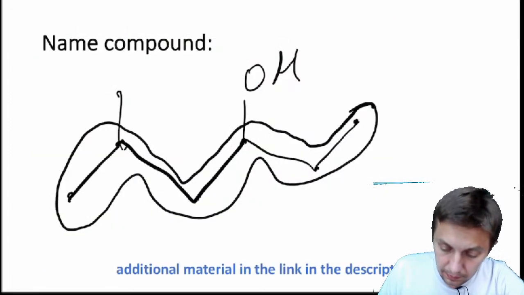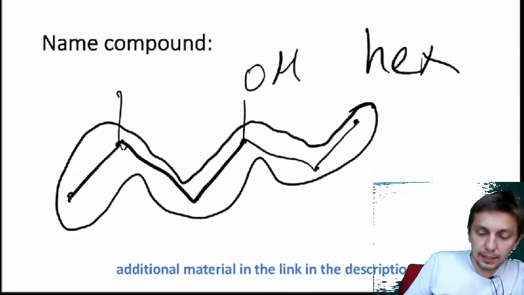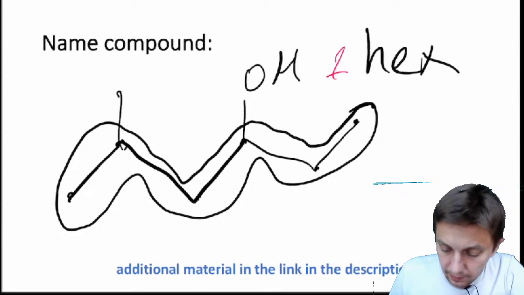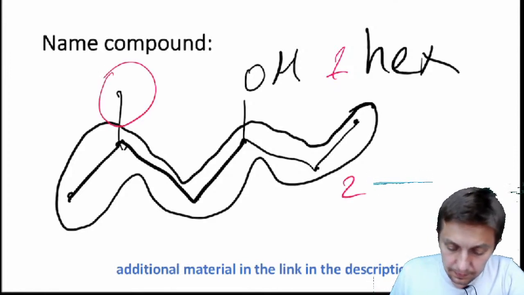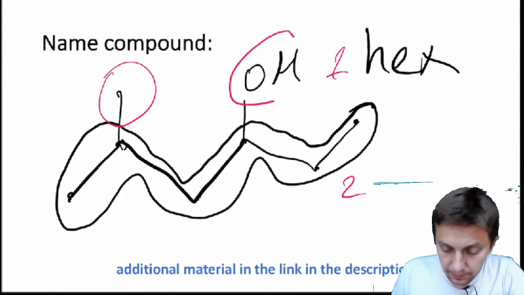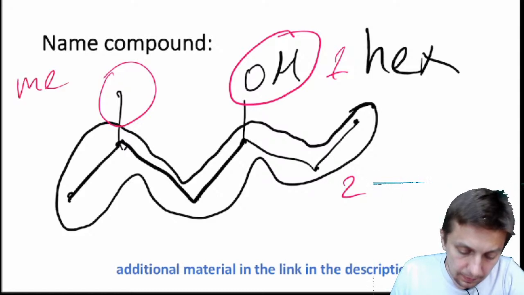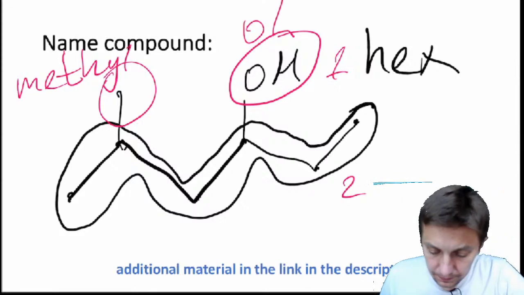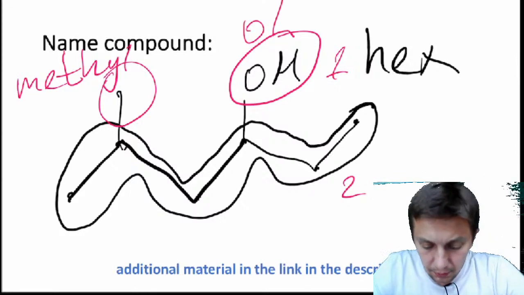So the root must be hex. Second, modification. We have these groups and these groups. It's methyl. It's -ol. And numeration.